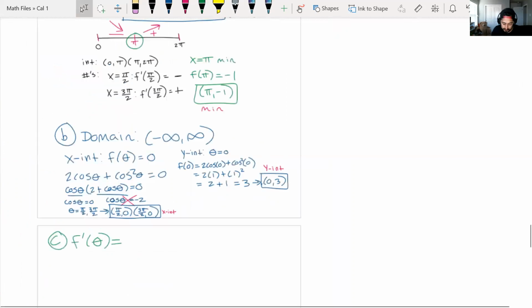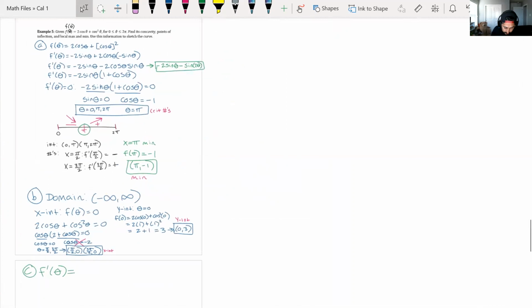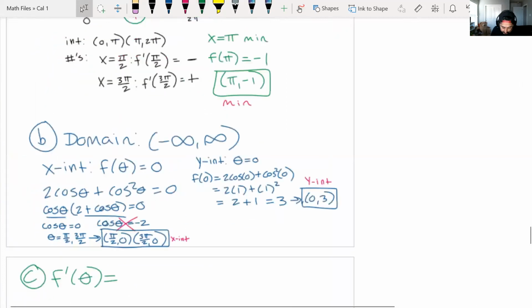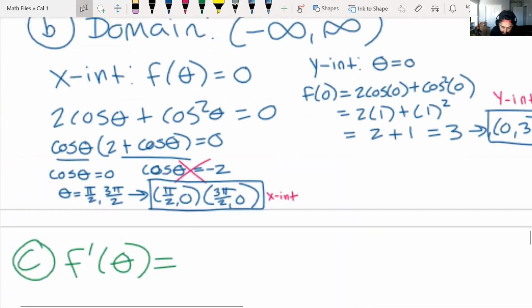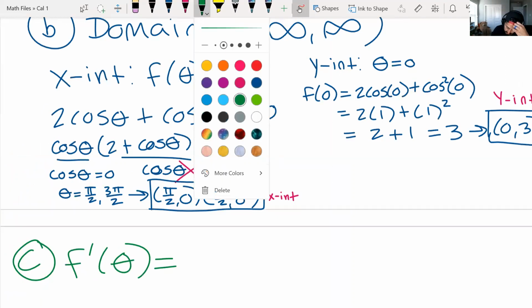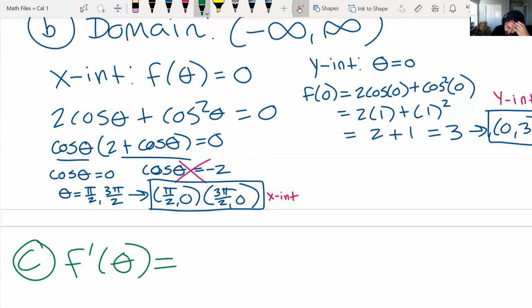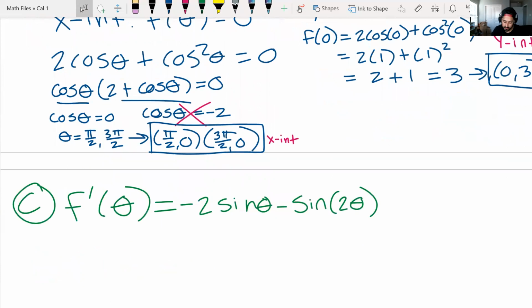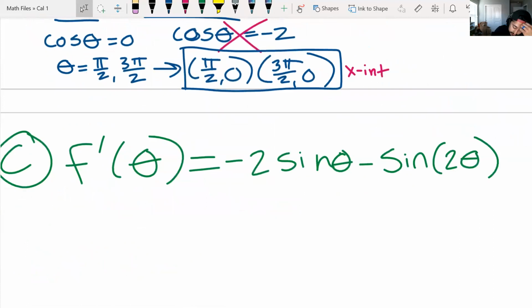So -2 sine theta minus sine 2 theta. Okay, now I'm ready. I'm going to take the derivative, and this only involves chain rule now.